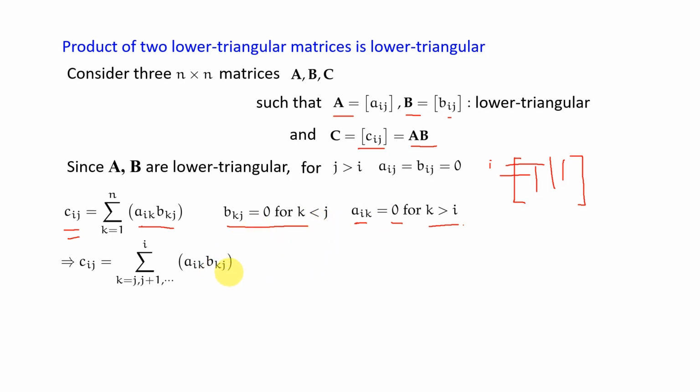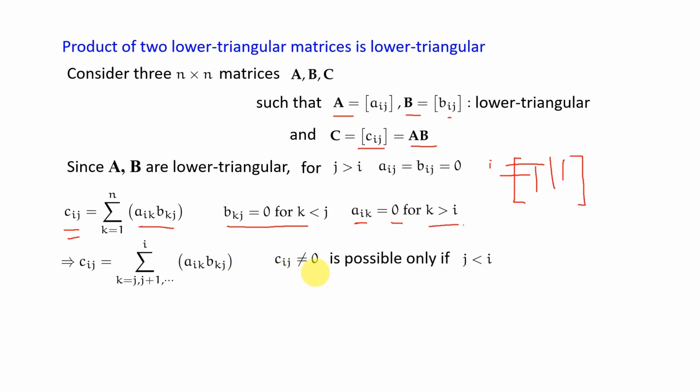So Bkj will be non-zero only if k is greater than or equal to j. So k starts from j. On the other hand, if k is greater than i, then Aik equals 0. So k cannot be greater than i, and k cannot be less than j. So k will run between j and i, and this summation will have any meaning only between j and i.